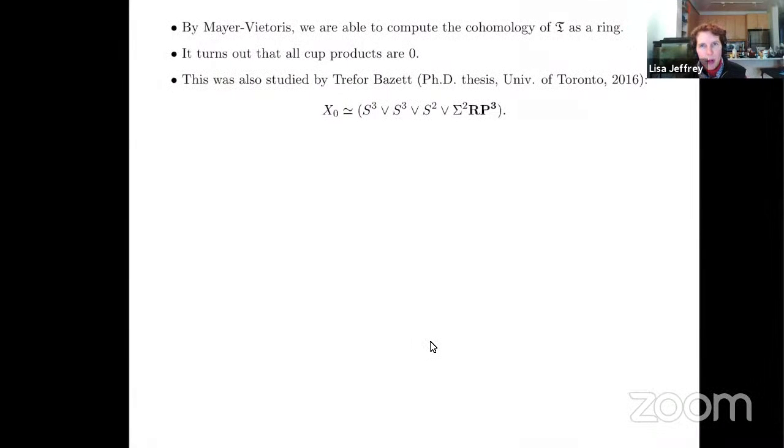By Mayer-Vietoris, we're able to compute the cohomology of the space of commuting two-tuples as a ring. Turns out that all the cup products are 0.